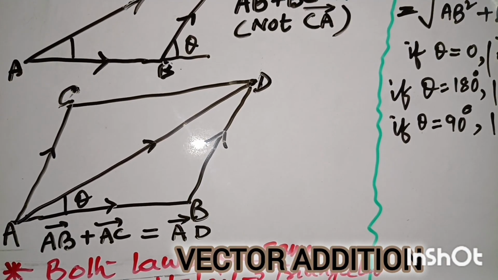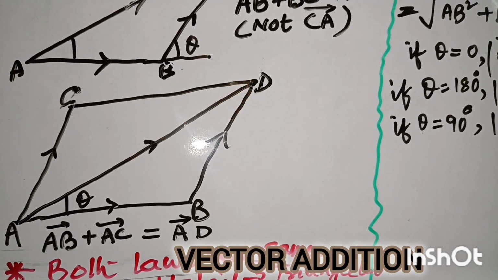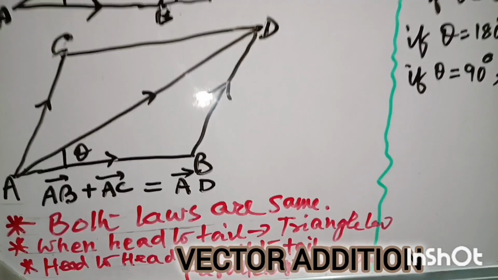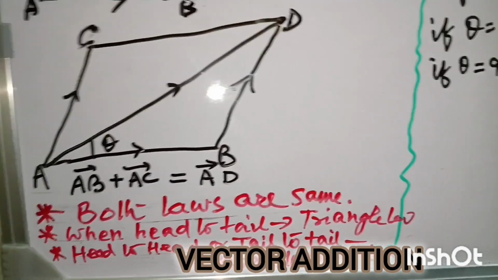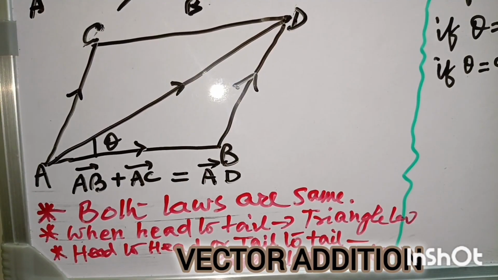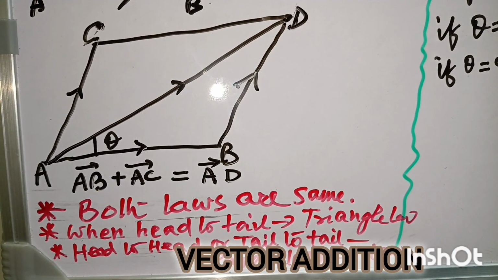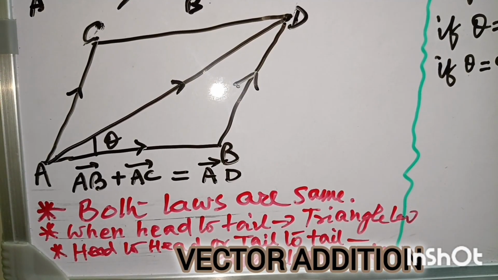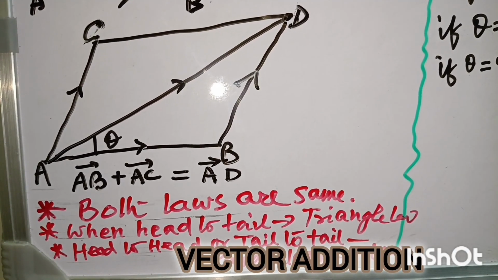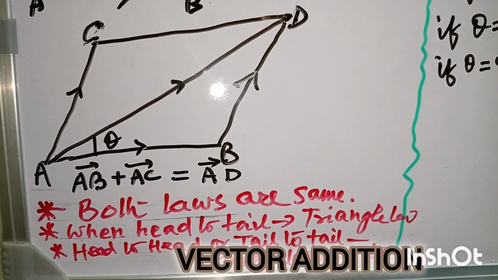Actually, both laws are the same, only they are stated in a different way. In this parallelogram, AB and AC are two vectors. We know that a vector can be shifted from one place to another if its direction and magnitude remain the same.